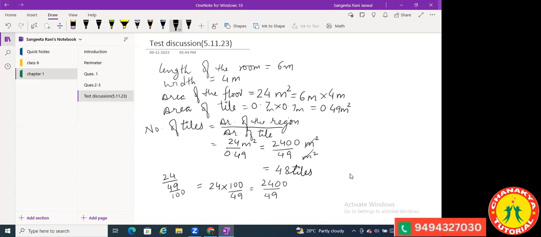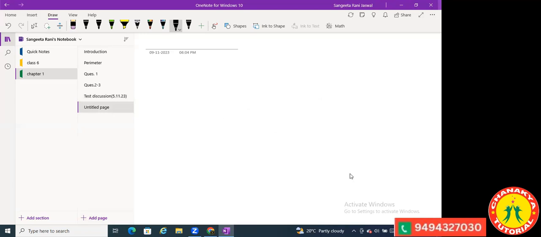Okay? Okay, ma'am. So now moving to the next question. Now see the next question. Find the perimeter of a rectangular path whose length and breadth are 160 centimeter and 2 meter respectively. It's not 2 meter, by mistake, it's 2 centimeters. No, it's 2 meters. Take it 2 meter.